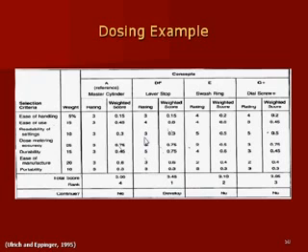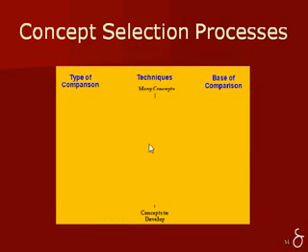The more iteration, the more interaction, the more documentation, the better off your design is going to be, the more likely it is to achieve success in the short period we have in a class like ME450.